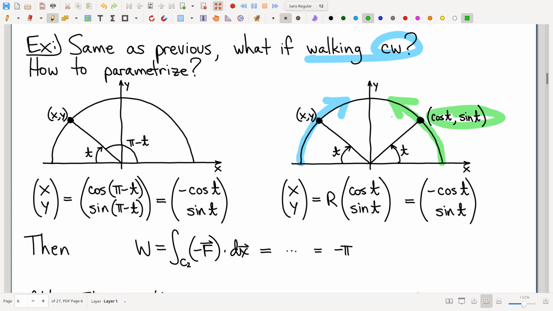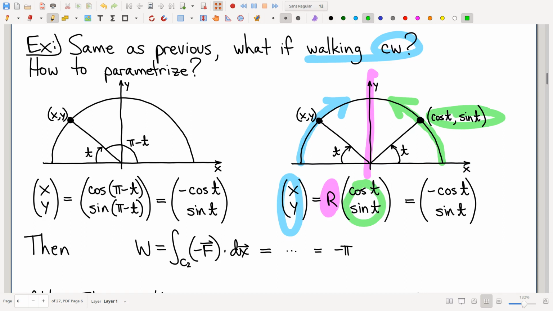This is our very first parameterization we ever wrote down. So I know the green parameterization. I want the blue parameterization. And the easy observation to make is that they are reflections of each other. More to the point, the blue is the reflection of the green. And so I can literally write down that the parameterization I'm looking for is the reflection over that line of the green parameterization I already know.